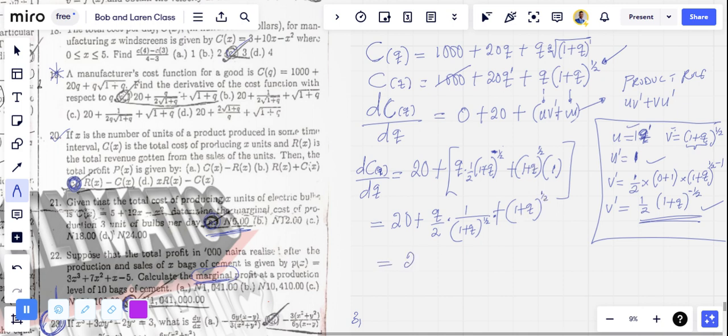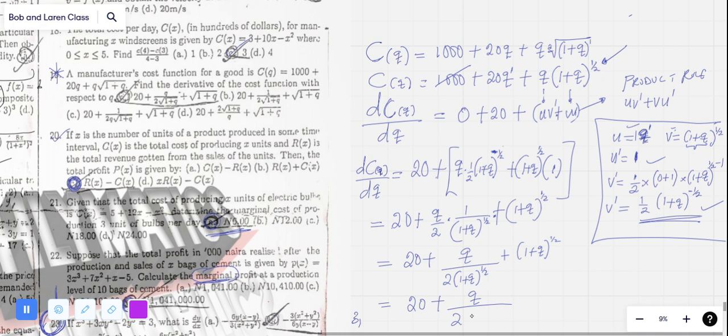So my final answer is 20 plus q times 1 is q all over 2 times 1 plus q raised to the power of half, then plus 1 plus q raised to the power of half. So finally this will give us 20 plus q over 2, this 1 plus q to the power of half. I can reverse it back by using the law of indices.